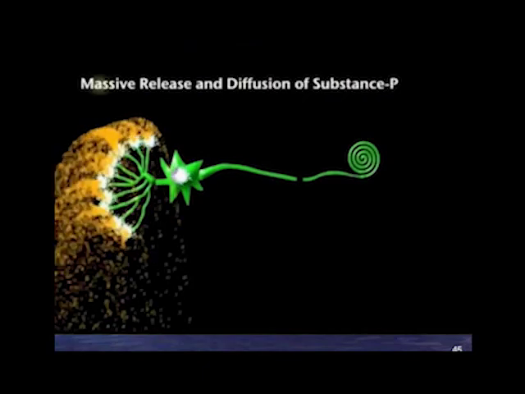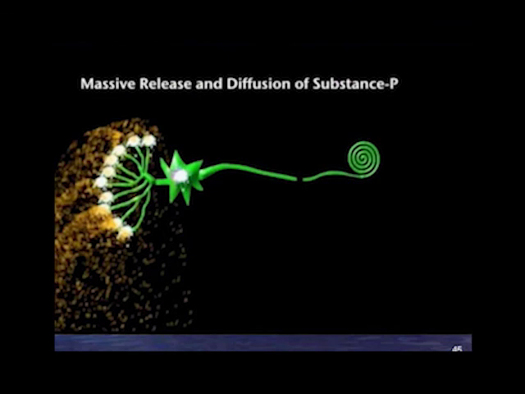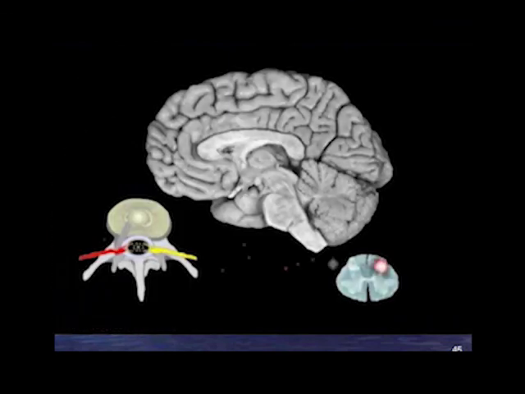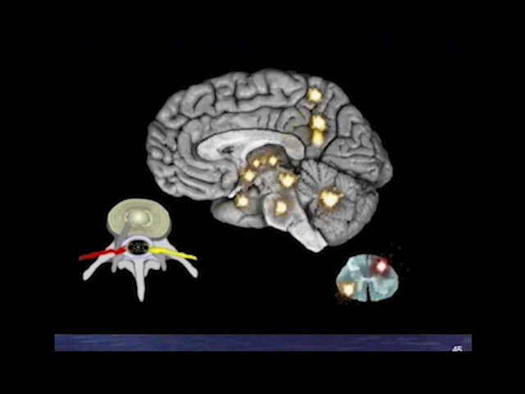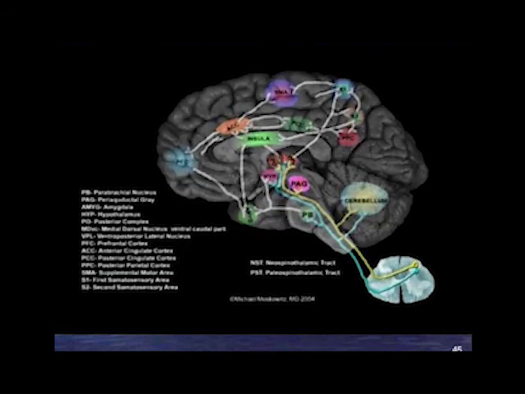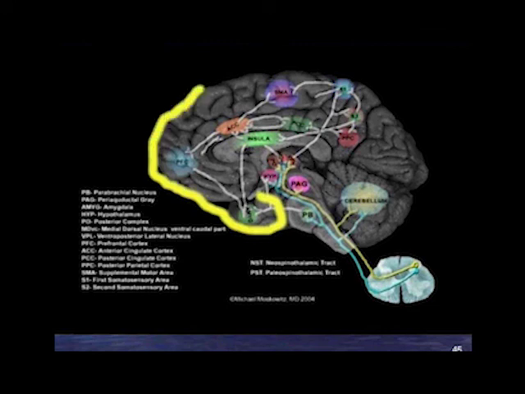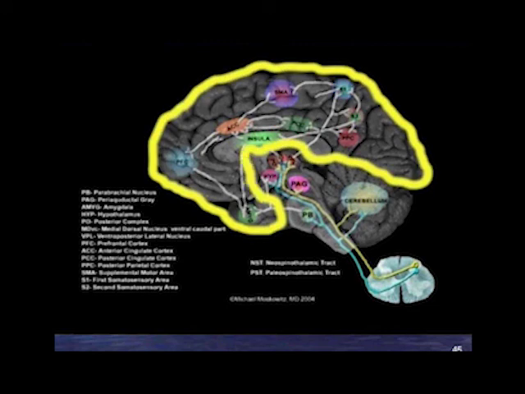This is the release of substance P or the mediators peripherally, which stimulate the brain, as we saw in previous videos. So this area that's being outlined is the area with the ability to make a new network.